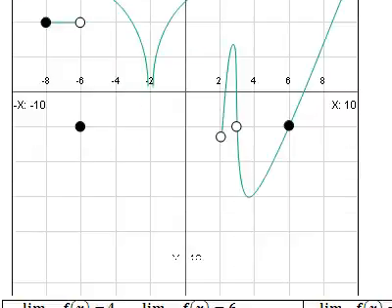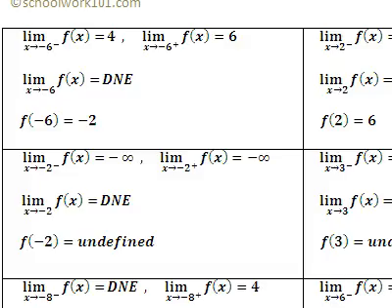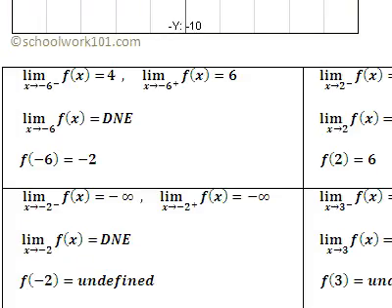Now the way we write this out is like such. We first look at the limit as x approaches -6, but we have to look at the left-handed limit and the right-handed limit. If the left-handed limit is equal to the right-handed limit, then we say that the limit of f of x as x approaches -6 exists, and it's equal to whatever that number is.